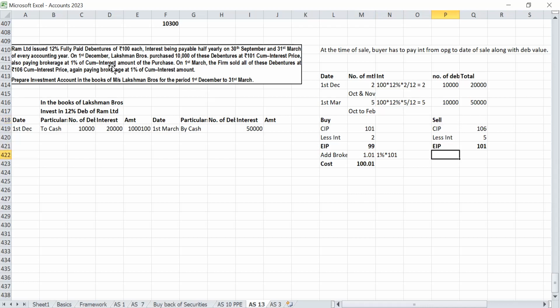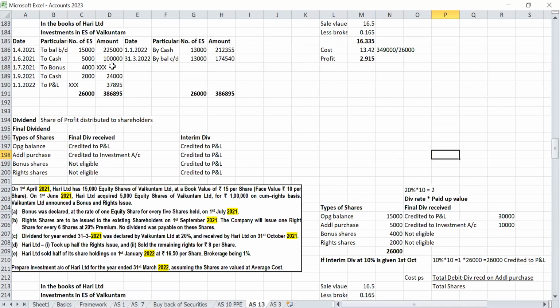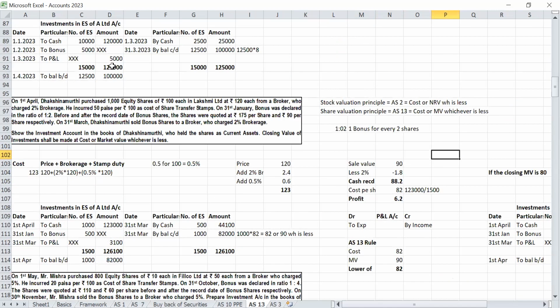At the time of sale, brokerage you have to deduct: sale value minus brokerage is the cash received.